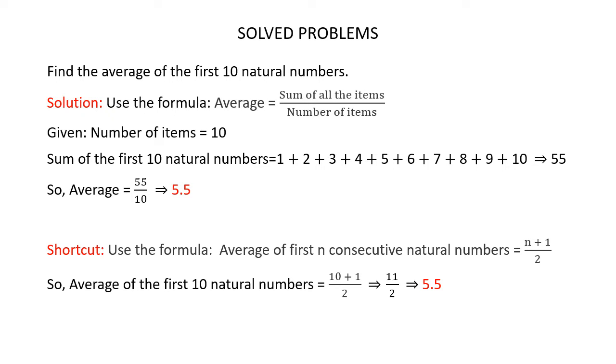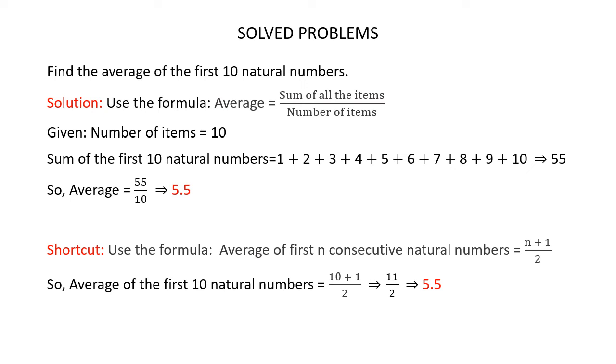Now this problem can also be solved using a shortcut method. You have to use the formula average of the first n consecutive natural numbers is equal to n plus 1 divided by 2. Here in this problem it's given that you have to find the average of the first 10 natural numbers. So n is equal to 10.